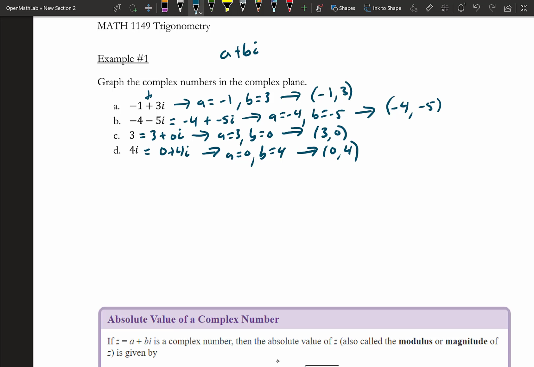Right? So now I just need to create my complex plane. So maybe we'll go up by 5s.